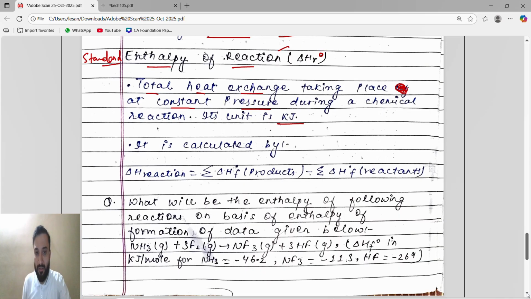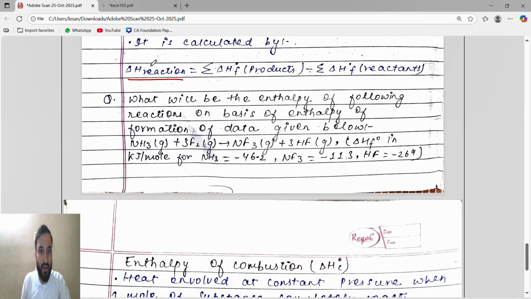So this is the formula. For finding the enthalpy of reaction, we have to do the summation of standard enthalpy of formation of products minus the summation of standard enthalpy of formation of reactants, means products minus reactants.